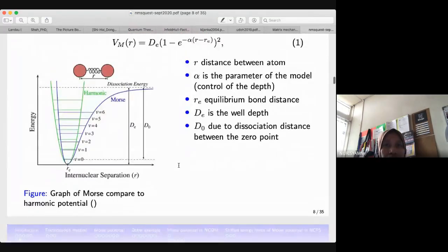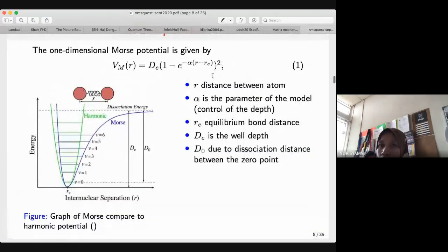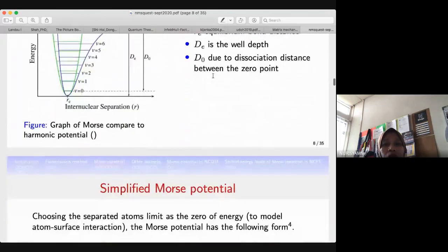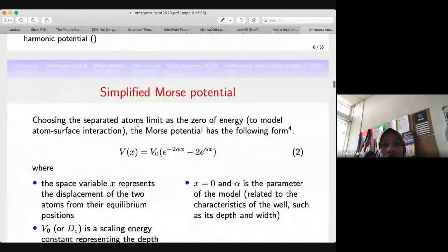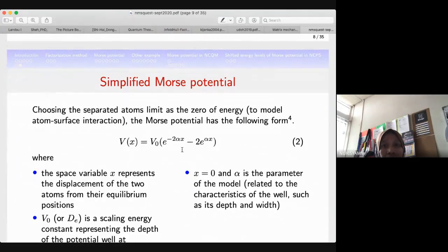So usually we can start with equation 1, but you can expand equation 1 and then reform it such that you choose the separated atoms limit as the zero of the energy, for which you want to study the zero order approximation. Eventually, most papers will discuss the Morse potential in the form of equation 2.